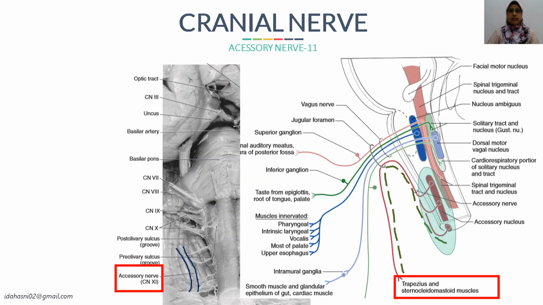Next is the accessory nerve. This is cranial nerve number 11. This nerve has been described to have two parts, which come from the medulla and the spinal part, specifically from the cervical spinal cord.